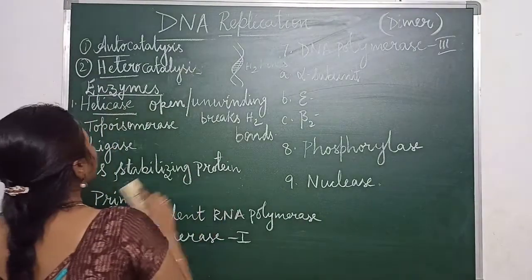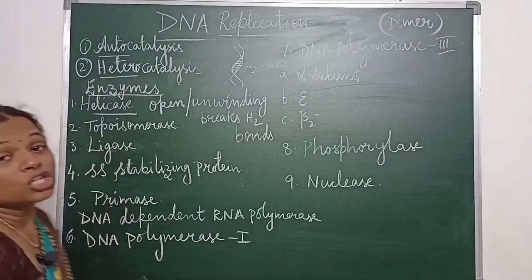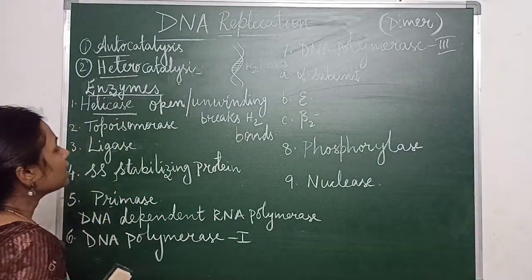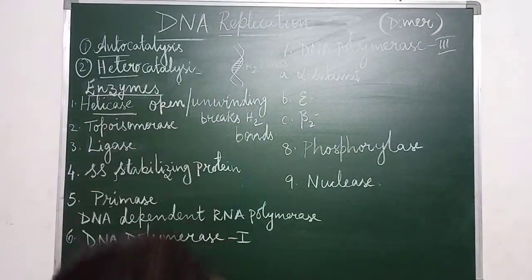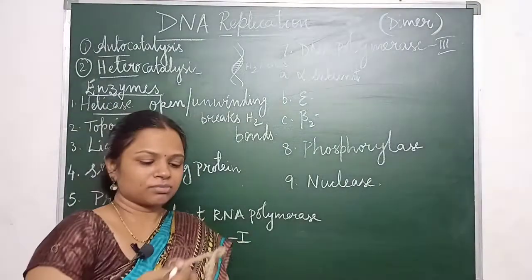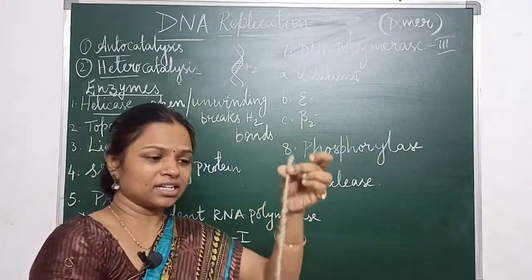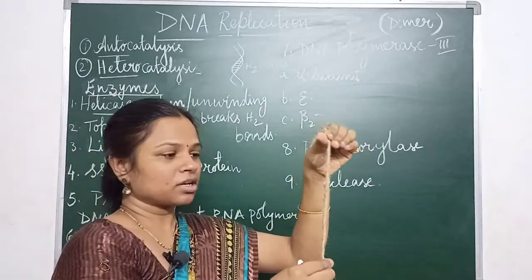Okay, now coming to the next enzyme, that is called topoisomerase. Now this enzyme is very important because if we just imagine a very highly coiled thread like this, just imagine there are two ropes in this.